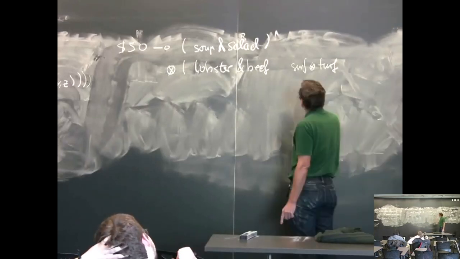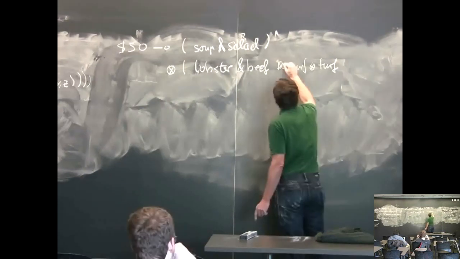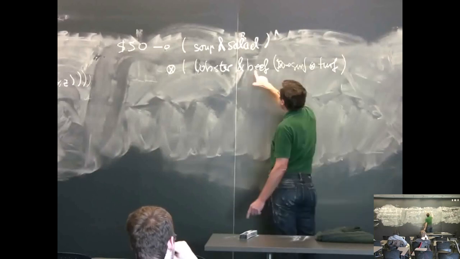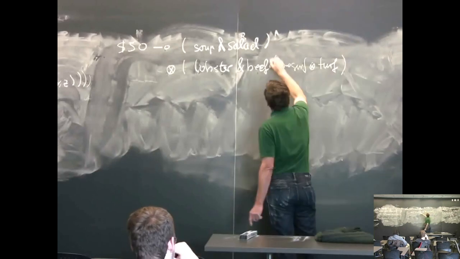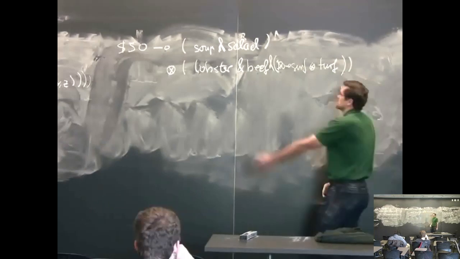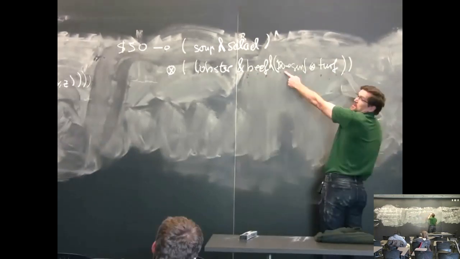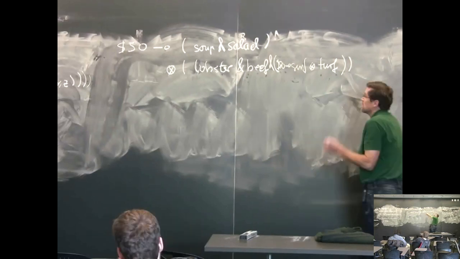You can put an extra $20 on the left side of another implication. So $20 implies, and I have to choose either this or this or this. So there's another choice within here, right? So I can choose either getting the lobster or the beef, or I get surf and turf if I pony up another $20. Okay. All right.